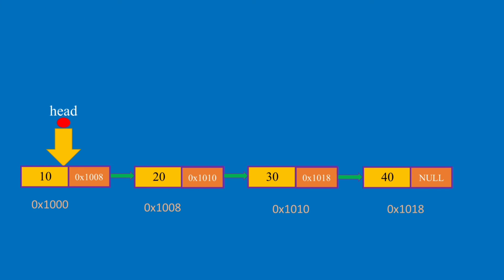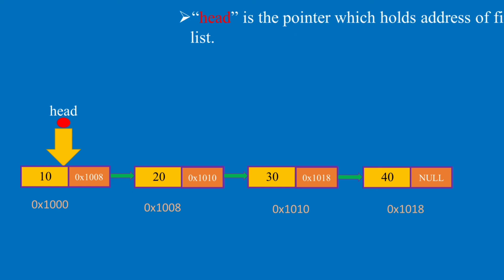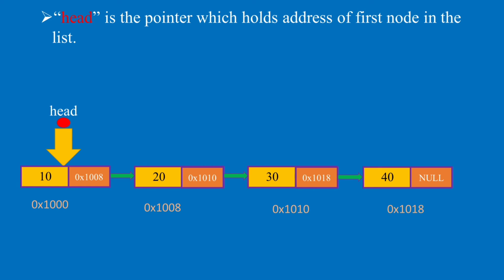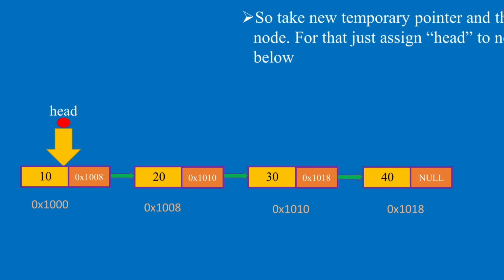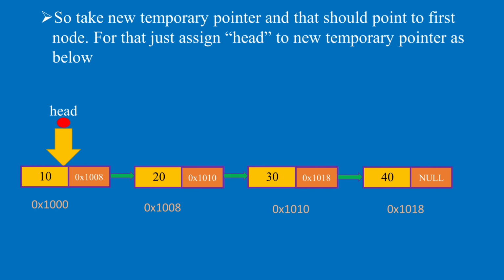Head is the pointer which holds the address of the first node in the list. So, take a new temporary pointer, and that should point to the first node. For that, just assign head to the new temporary pointer as below.